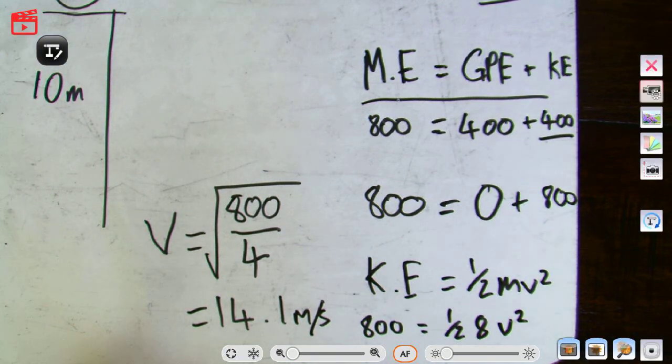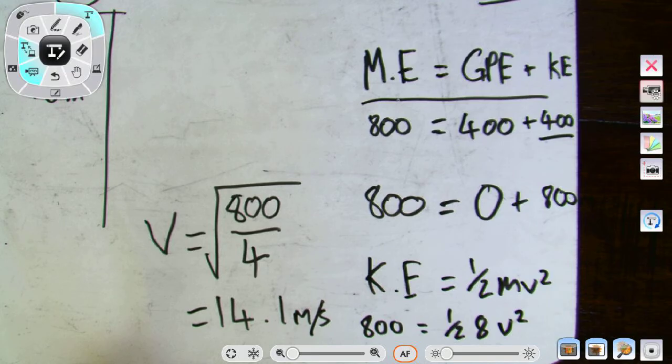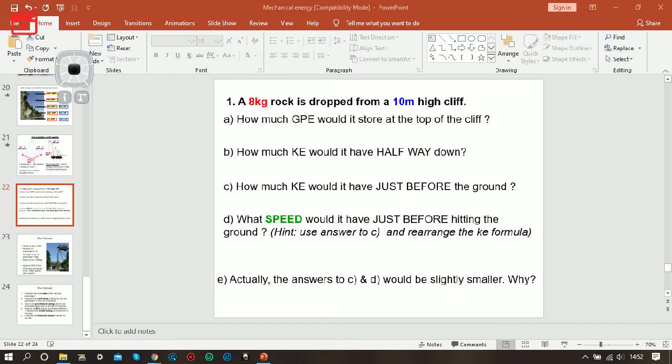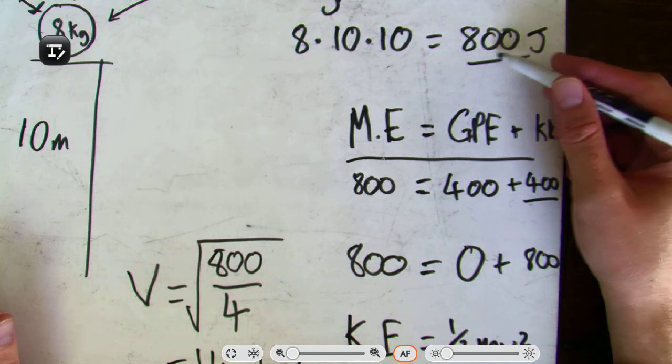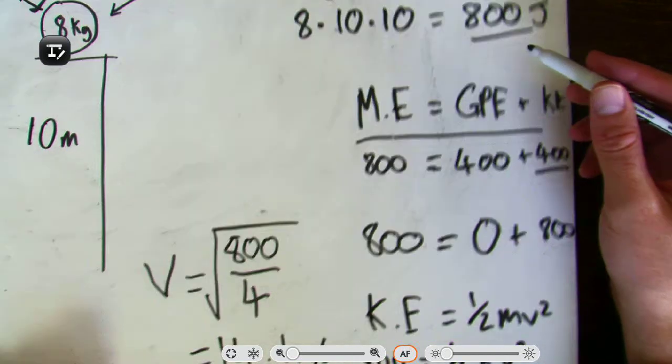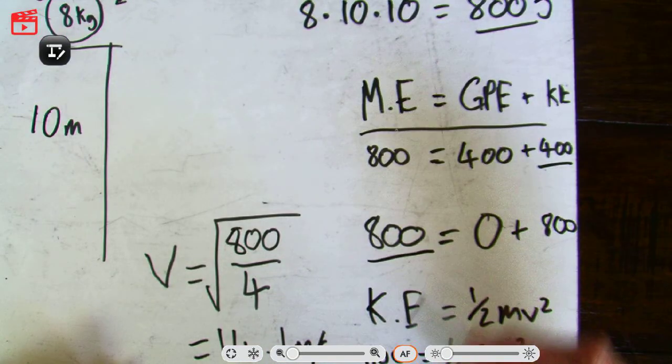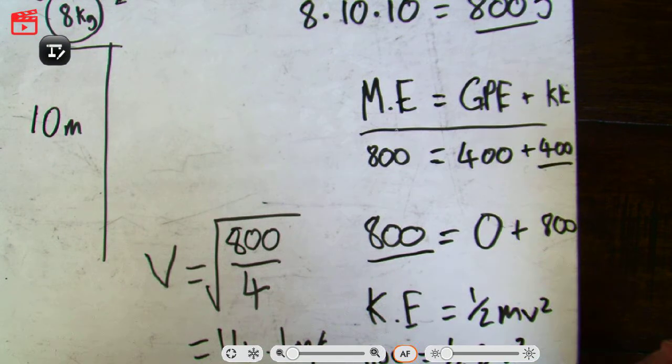And then the last question: answers to C and D would be slightly smaller. Why? So basically it's asking why, when I said that we had 800 joules of gravitational energy stored, that would not become exactly 800 joules of kinetic energy just before the ground.